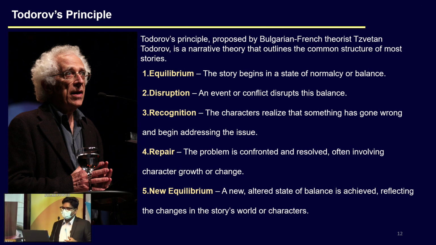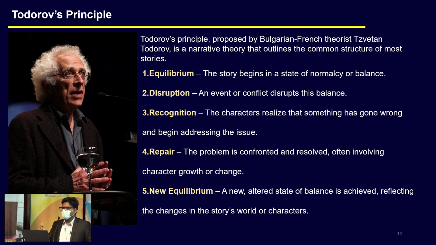A message or a story needs to disrupt the existing equilibrium and restore a new equilibrium with a message. So that's the theoretical meaning of a story, right? Your graphical abstract or your communication needs to identify this equilibrium, disrupt it, and lead to a new equilibrium.